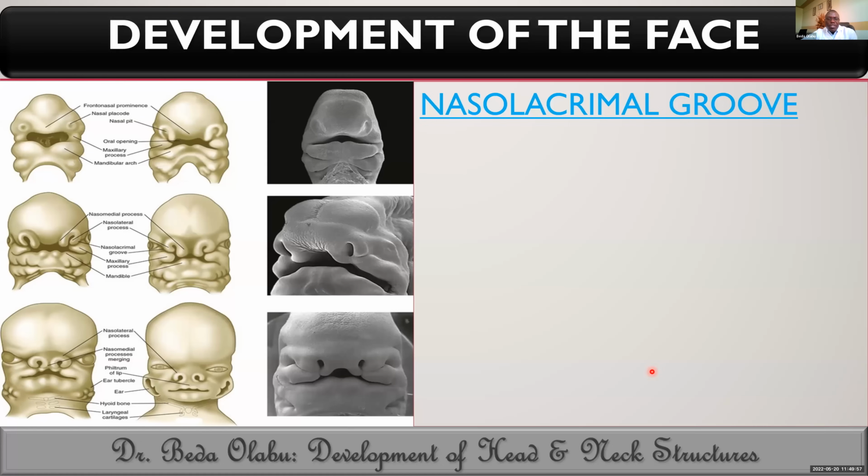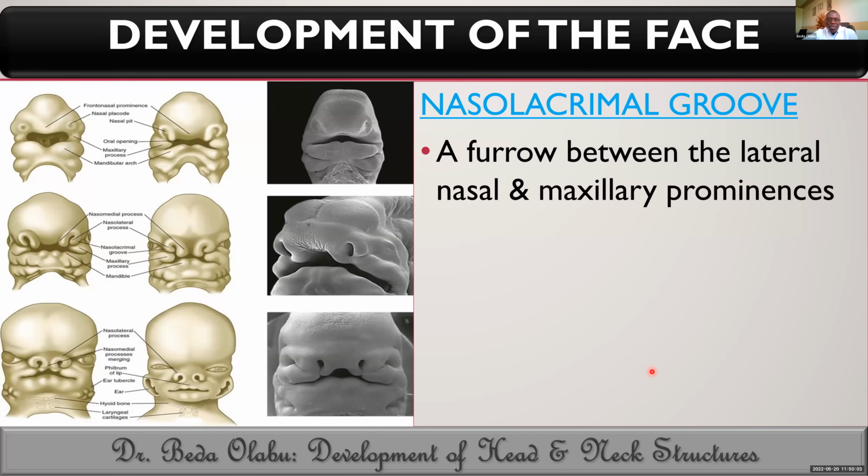Now, let's talk about something called the nasolacrimal groove. The nasolacrimal groove is a furrow that is present between the lateral nasal prominence and the maxillary prominence. Let's trace it here.